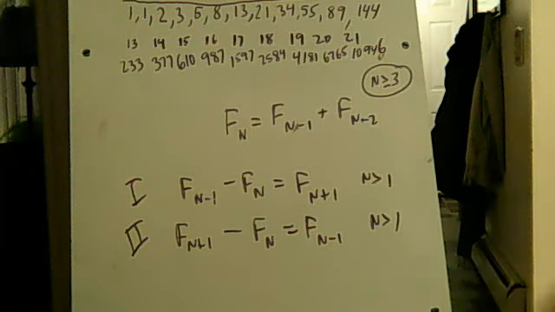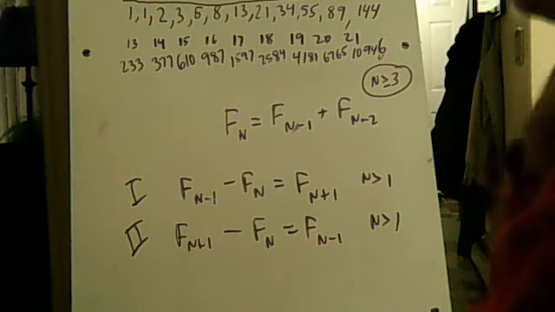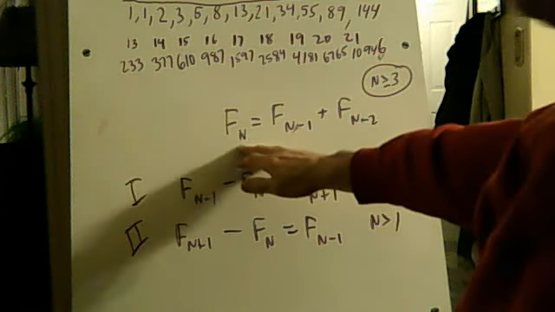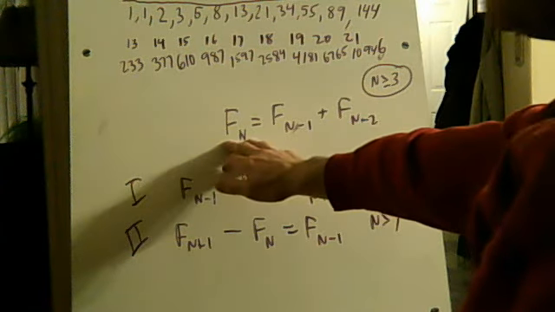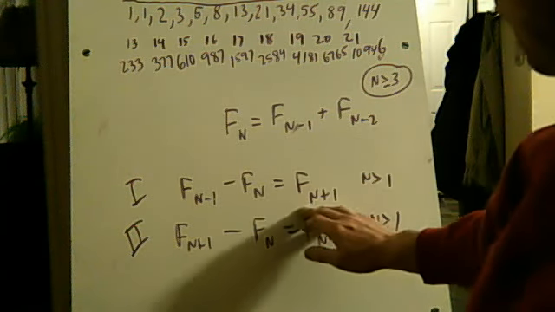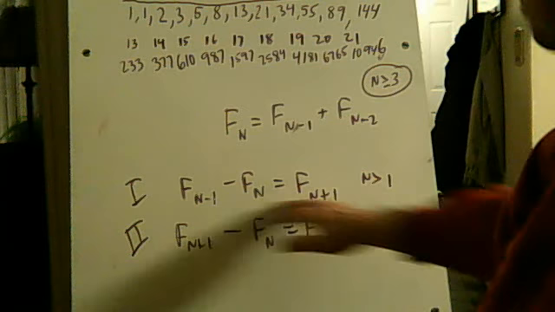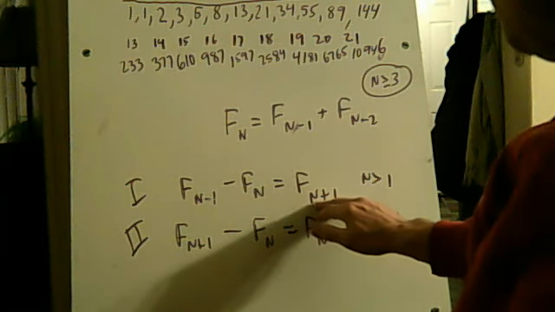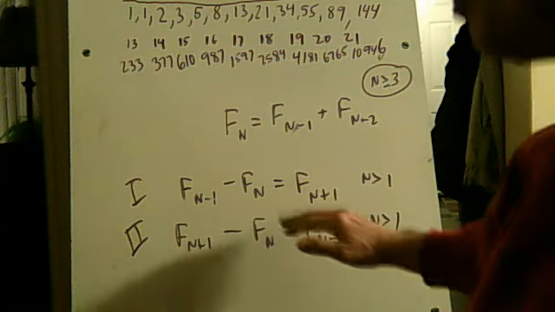Now, one way to do this is to just think about it in terms of the words. What this statement is saying is that the Fibonacci number is equal to the sum of the previous 2. So if you look at the n plus 1, that's the highest number here. Is this equal to the sum of the previous 2?